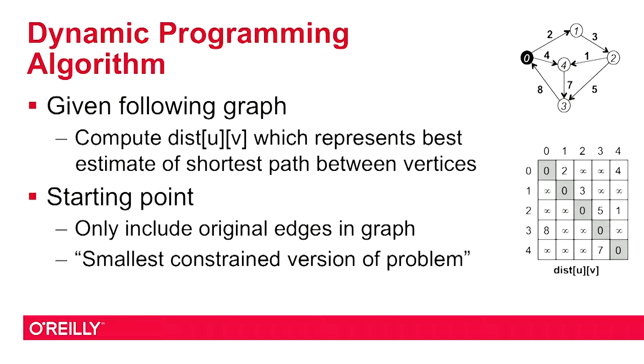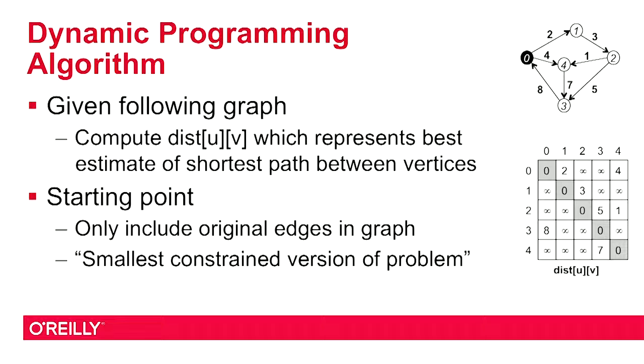So if I start with my initial cut, this is what you would call the most constrained form of the problem. How do I estimate the best or the lowest cost to go from any vertex u to any other vertex v? I start with the edges that I'm given, and that'll be my first and quite reasonable estimate for that total cost. If I start with that, how do I proceed?